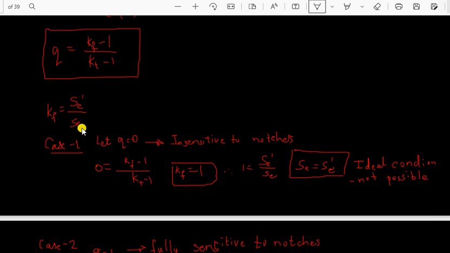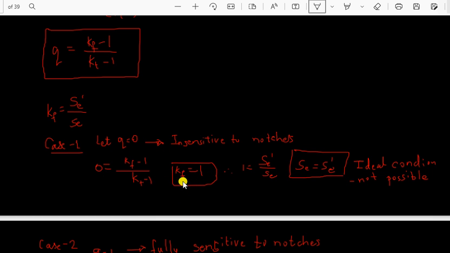Now we will find the different values of Kf and the design conditions, which is the best design condition and which is the worst design condition, by giving different values to Q. Right? If we put the value of Q equal to 0 in this equation, what will we get? You will get Kf equal to 1.